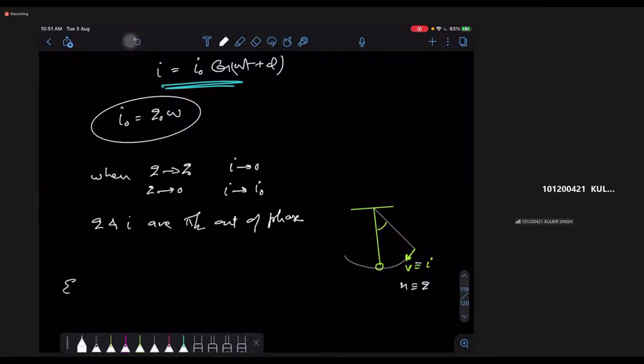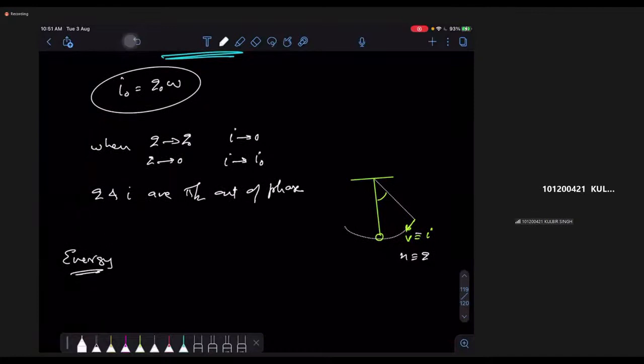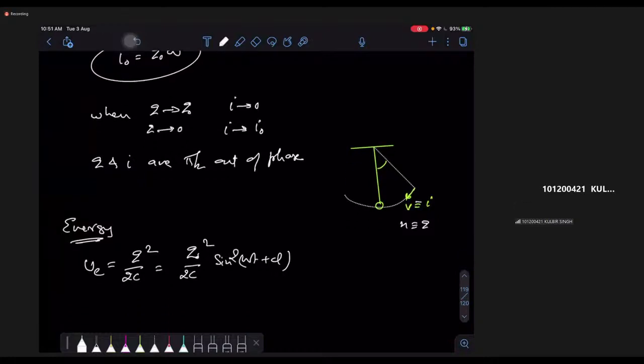If I think about the energy, we have two types of energies, electrical and magnetic. Electrical energy is stored in the capacitors. So it's Q squared by 2C, Q naught squared by 2C, sine squared (omega t plus phi). That is my electrical energy.